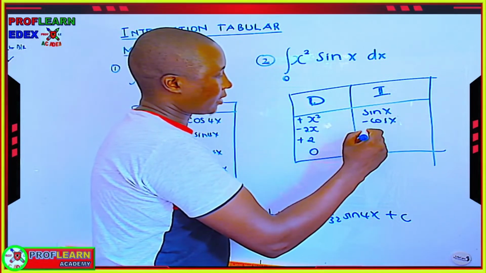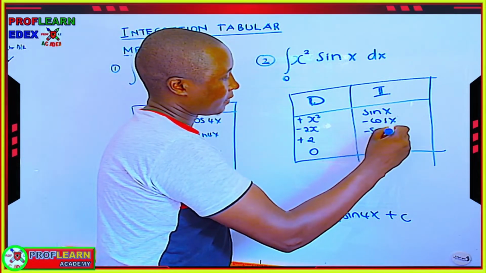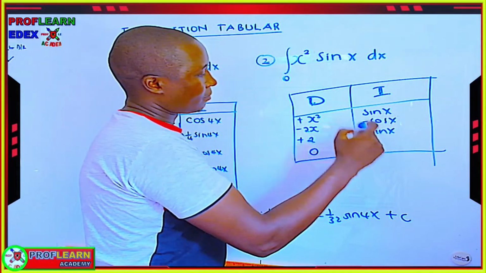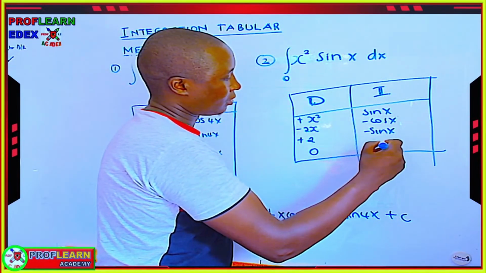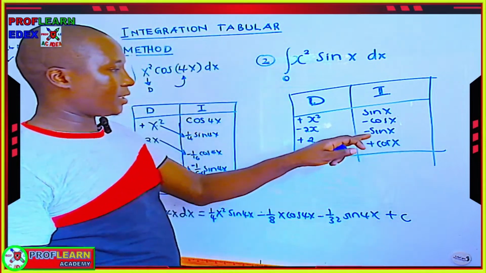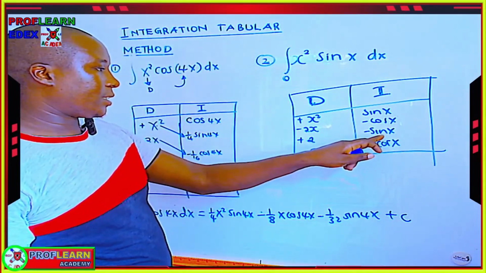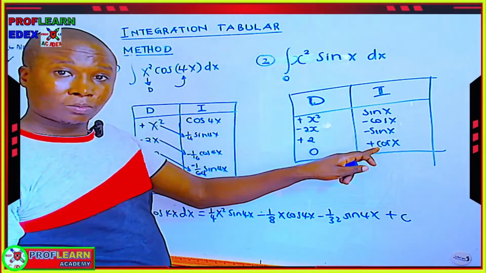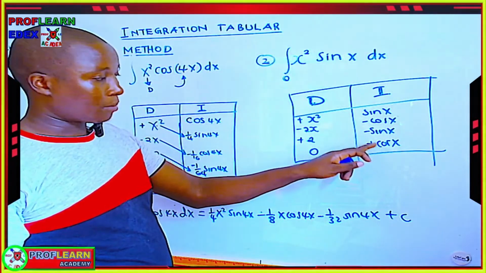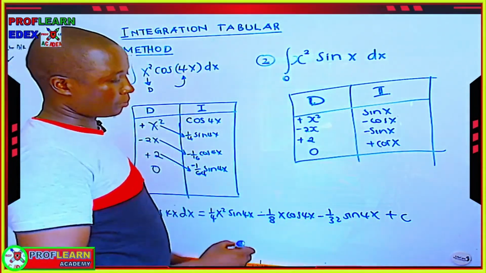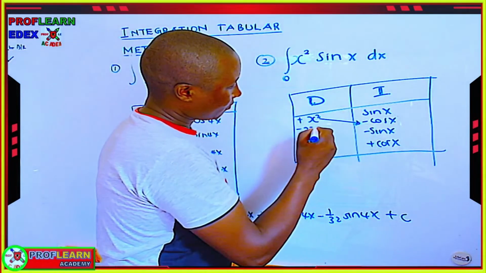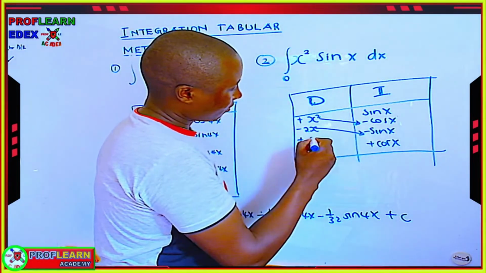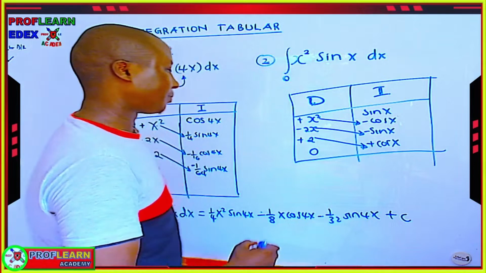Integrating sine x, we're going to get negative cos x. Integrating this, we're going to get negative sine x. Integrating this, we are going to get positive cos x, because integrating gives negative cos, but since there was a negative sign, it now becomes positive. Then we multiply this to this term, this one to this term, and this one to this term.